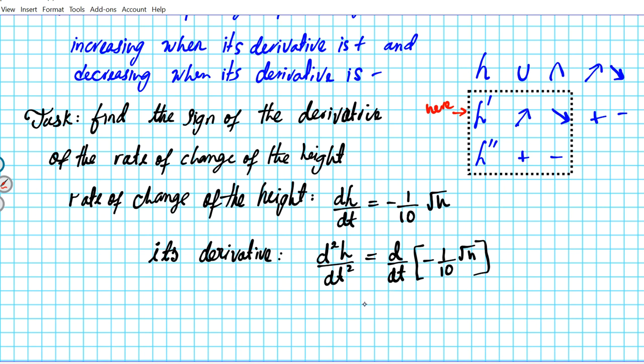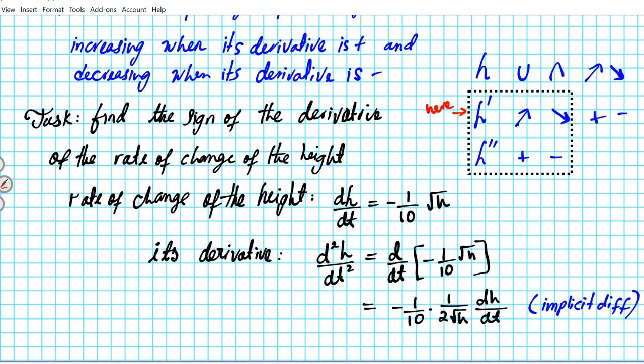All right, so we're going to factor out the constant using the constant rule and differentiate root h with respect to time. The derivative of root h is 1 over 2 root h. But since we have disagreement, we have to add on dh/dt. Okay, so what did we just do here? Ladies and gentlemen, we differentiated implicitly. So this is implicit differentiation.